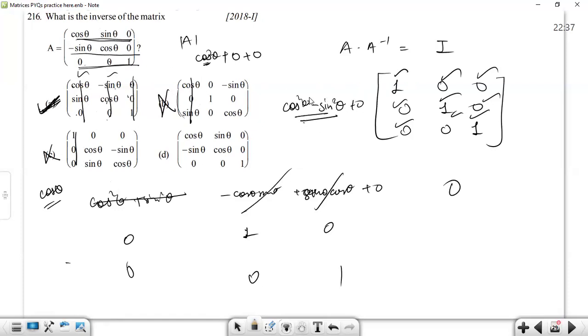Instead of becoming 1, it has become cos 2 theta. We can eliminate this also. So it's not just that we solved the first option with good luck. Otherwise also we would have eliminated these options with simple calculation. Clear, everyone? Are you able to understand what I'm trying to say?